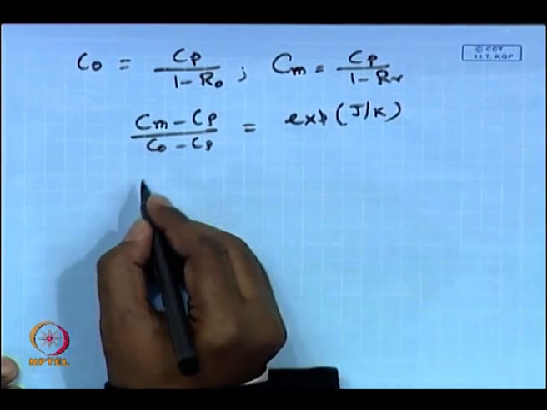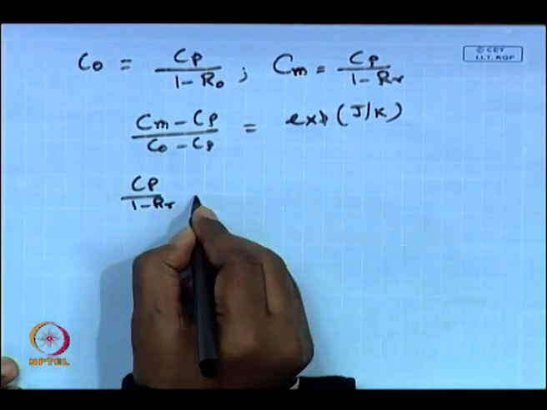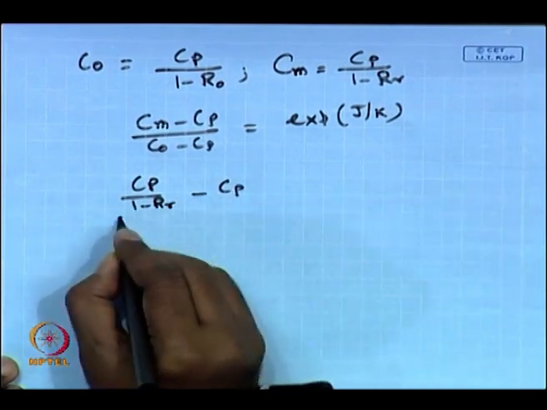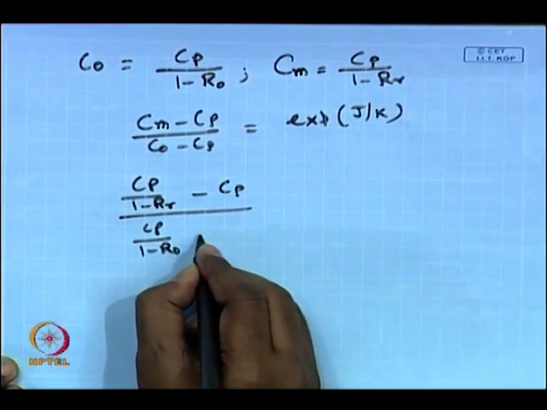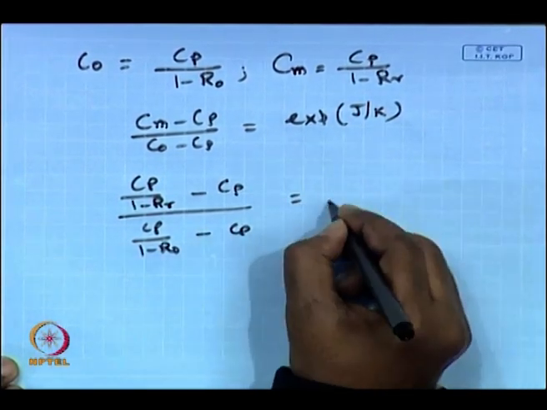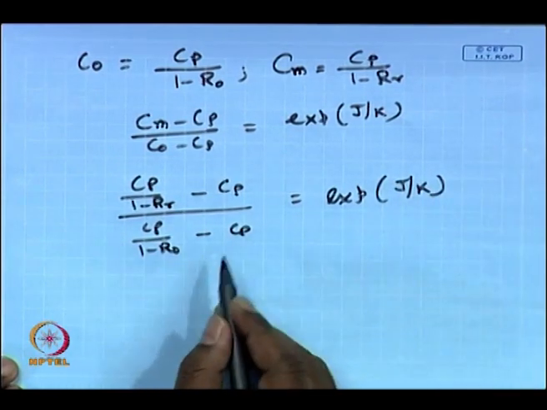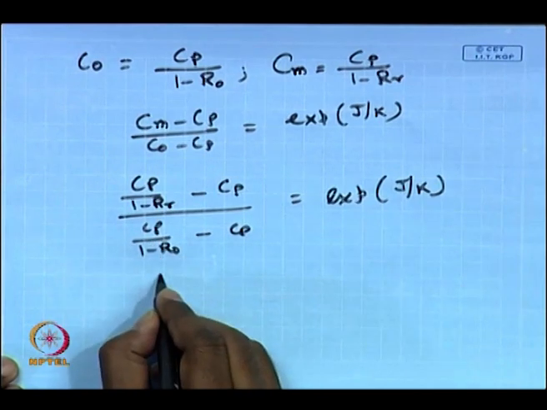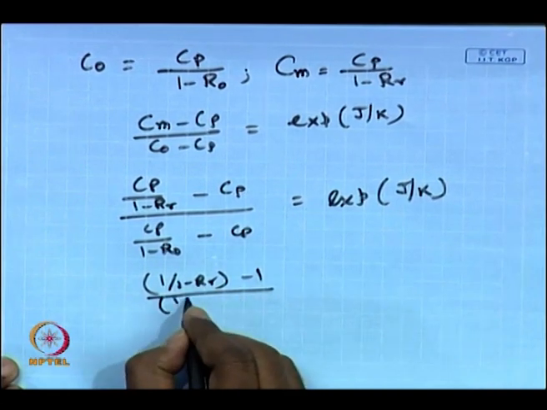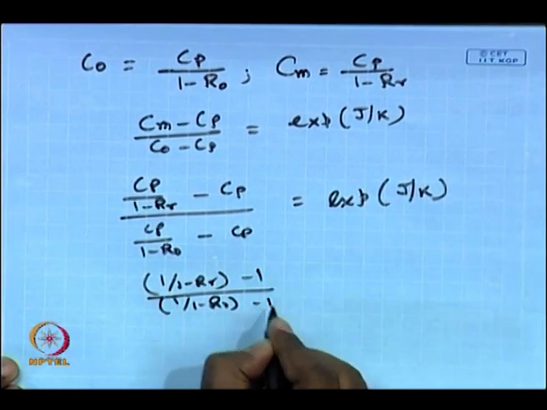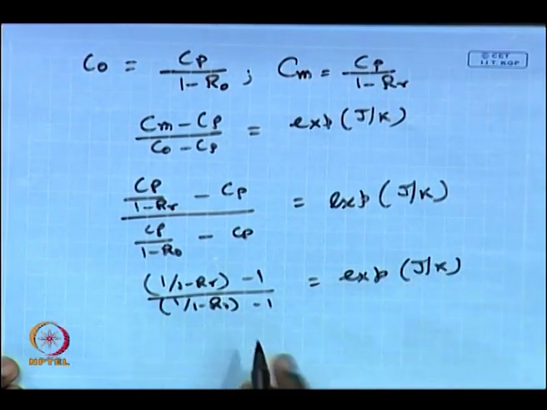If you do that, Cm will be Cp divided by 1 minus Rr minus Cp, and C naught will be Cp divided by 1 minus Ro minus Cp, equal to exponential j by k. Now, Cp will cancel from all the terms. So, what we get is 1 over 1 minus Rr minus 1, divided by 1 over 1 minus Ro minus 1, is equal to exponential j by k. Okay, so just simplify it.